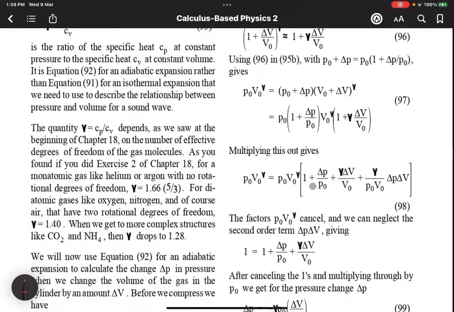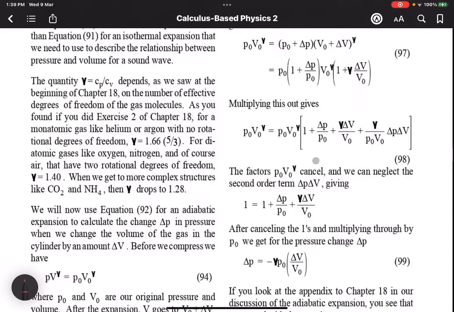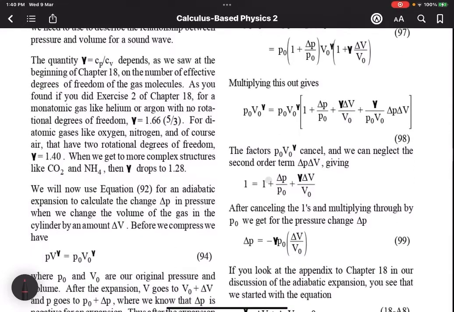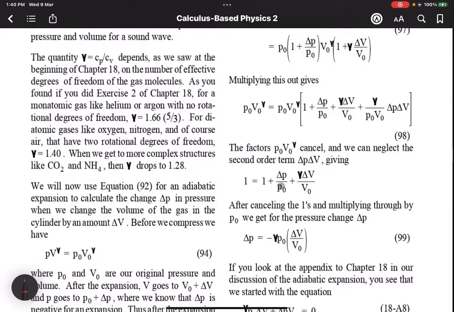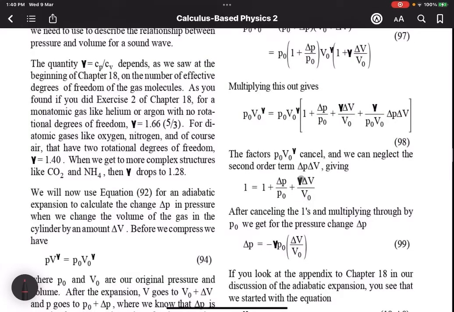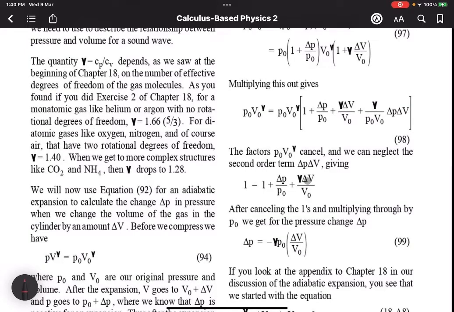So after derivation, cancelling out, okay, applying the laws on solving the equation, we will have 1 is equal to 1 plus the pressure ΔP over P0 plus γ, meaning the ratio of specific heats, times the change in volume over V0.